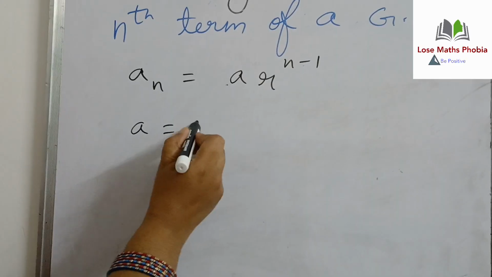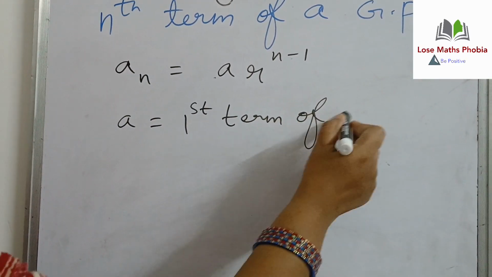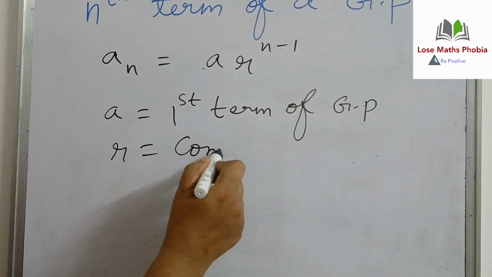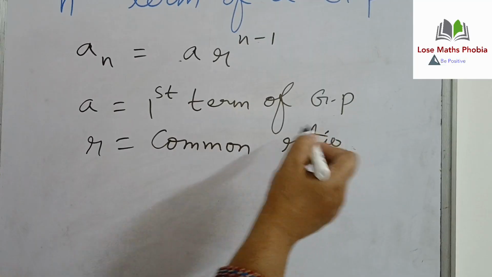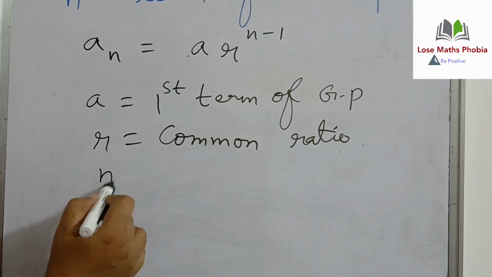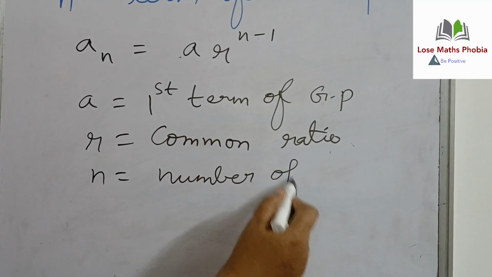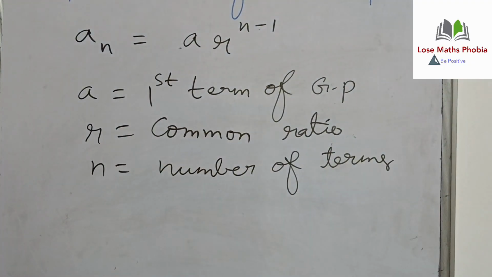Here a is first term of GP. And r is common ratio. We have common difference in AP, common ratio in GP. n is number of terms. Very easy, right? How beautiful the formula is. Easy to remember.